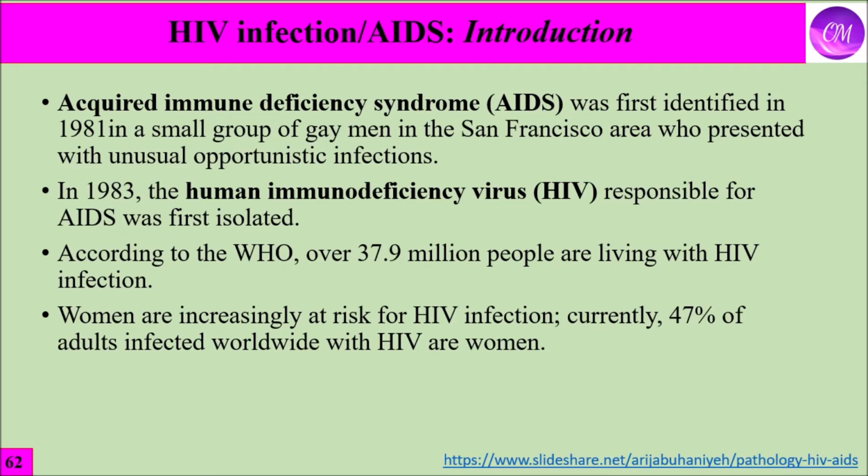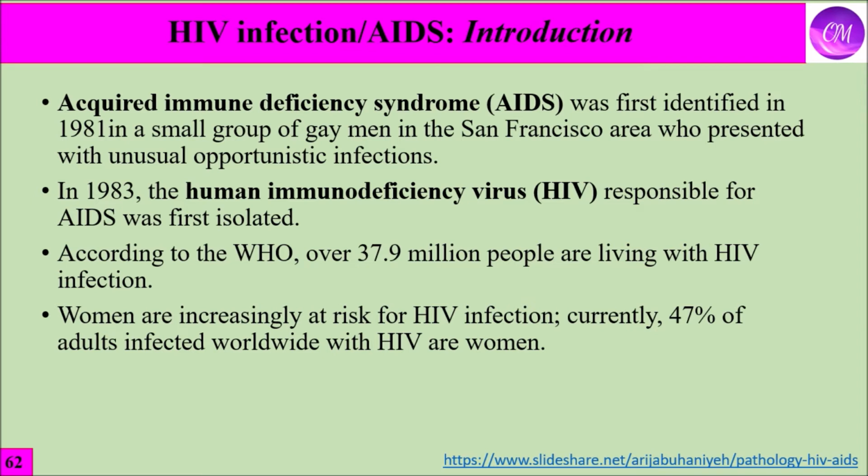Now let's move on to HIV infection or AIDS, the acquired immune deficiency syndrome. It was first identified in 1981 in a small group of gay men in the San Francisco area who presented with unusual opportunistic infections.